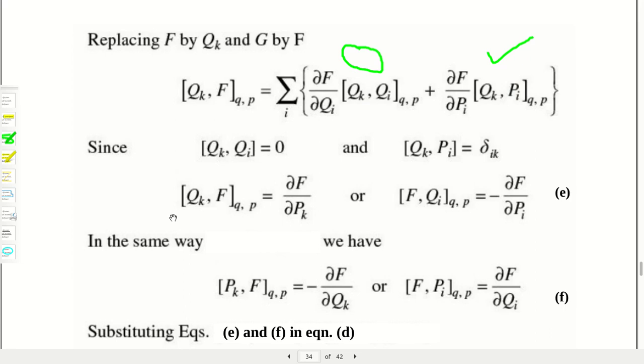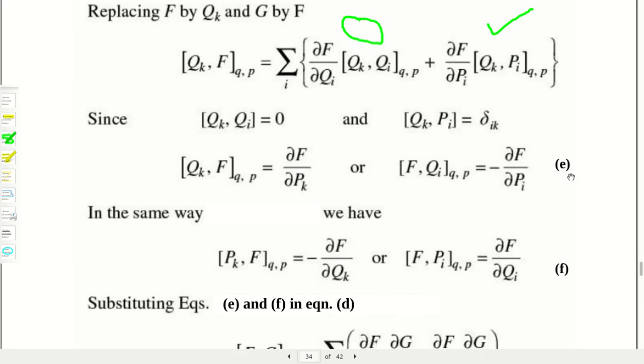You can use them as dummy indices, so Q_k can be replaced by Q_i as you need, but here the order within the Poisson bracket is reversed. {Q_i, F} will be ∂F/∂P_i, but {F, Q_i} will be minus ∂F/∂P_i. It is the property of the Poisson bracket.